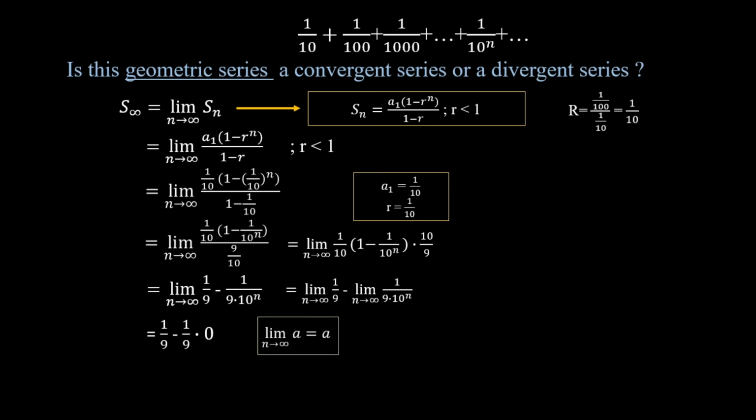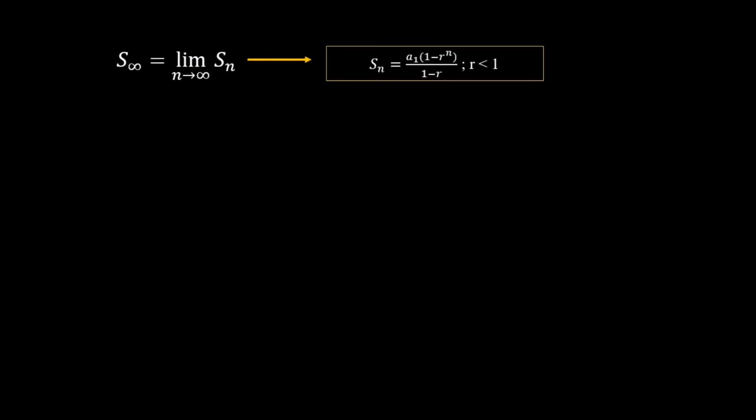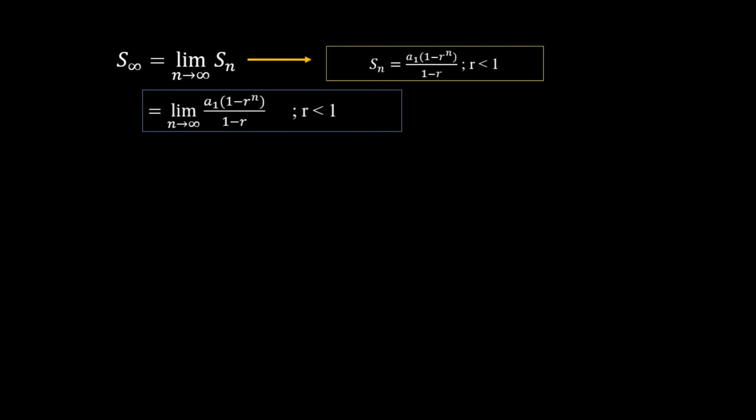So you get 1/9 minus 1/9 times 0. So 1/9 minus 0 equals 1/9. So it is a convergent series.